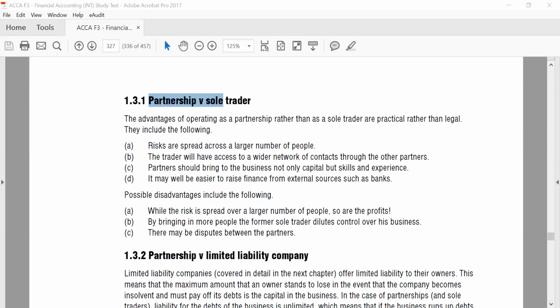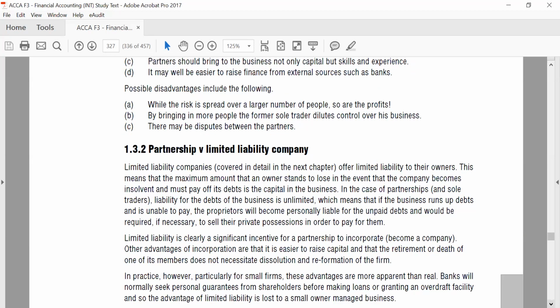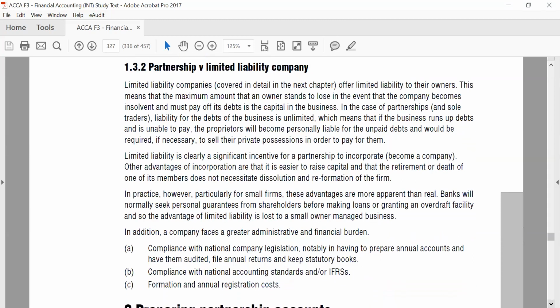We also have cases where we're now looking at partnerships versus limited liability companies and what some of the benefits are. You can easily read this and see how to apply it. But like I told you, one of the advantages is around tax.